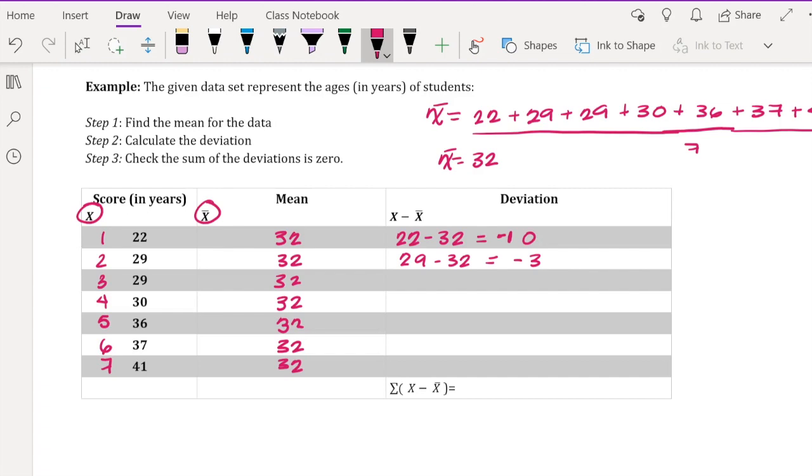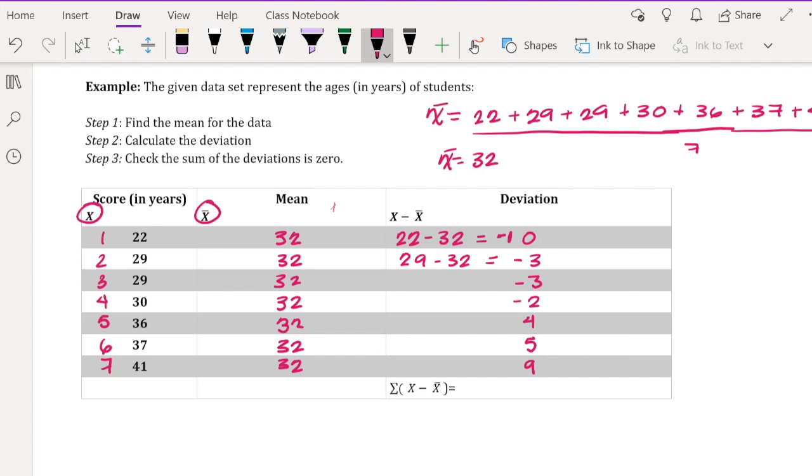And I can do the same for all of them. So again, negative 3, negative 2, positive 4, positive 5, and positive 9. So here I already found the deviations. For example, the direction of the observation 22 with respect to the mean is below the mean, and the location is 10 points below whatever that mean is.